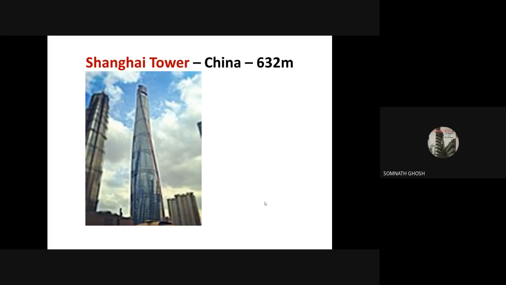But right at this moment, I will not discuss those things in detail. Later on, I'll tell you why they have done this kind of architectural treatment and what benefit they got out of it.